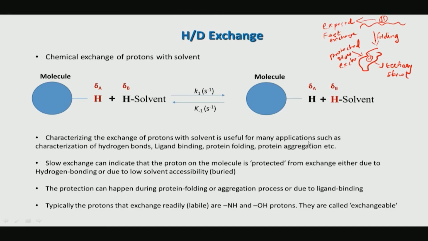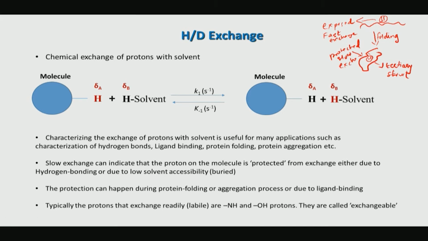So, this is important. Similarly, you can also have a situation where a protein or a peptide or a molecule is aggregating, means it is forming oligomer, dimer, trimer, tetramer and so on, and during that process the hydrogen which is exposed in a monomer may start getting buried because it is now in the interface.